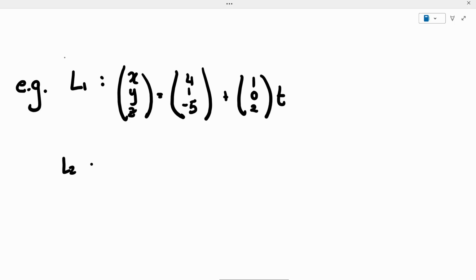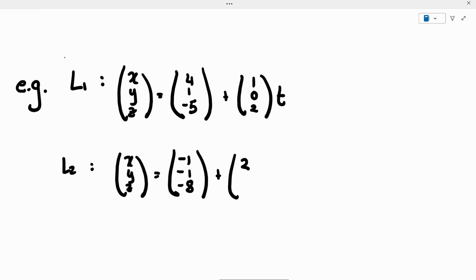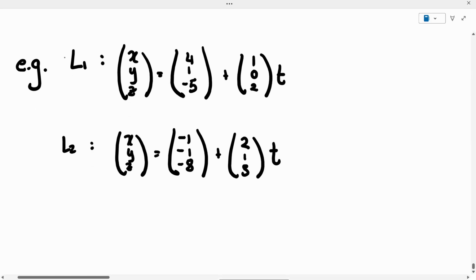We have L2, which is (x, y, z) equal to (-1, -1, -8) plus (2, 1, 3) t. So these are two lines.